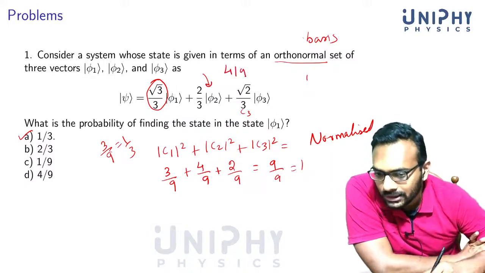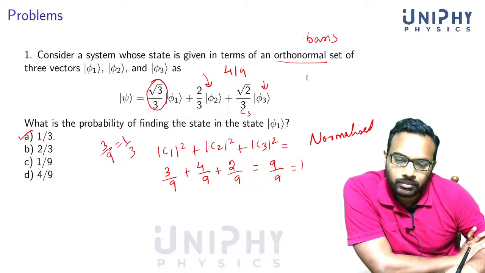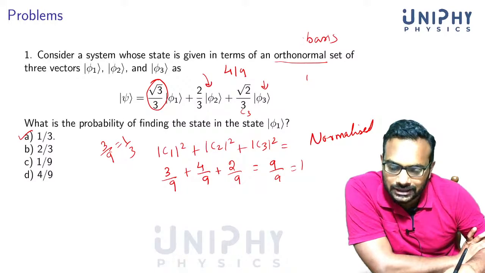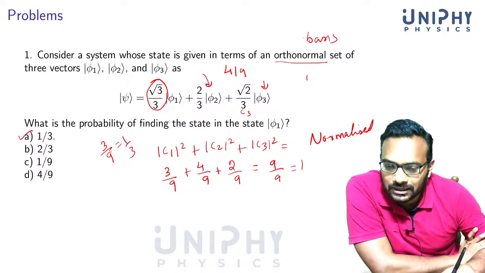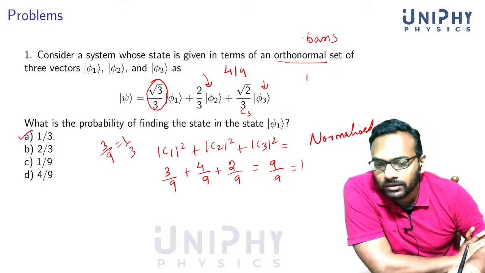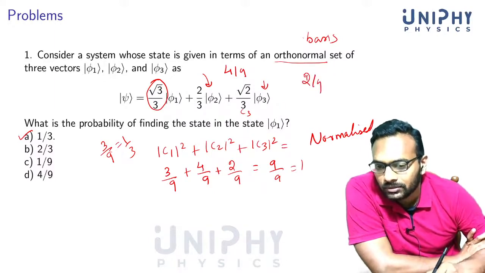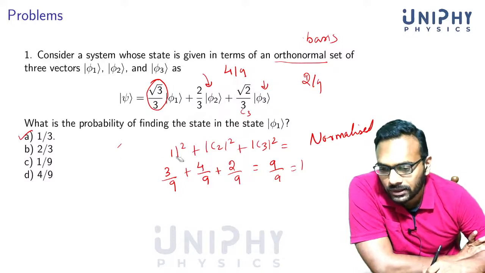If the question was about phi 3, what's the probability that after the measurement the state of the system is phi 3, then it is 2 divided by 9, just the square of this coefficient. But the question was the probability of finding the system in the state phi 1. Okay.